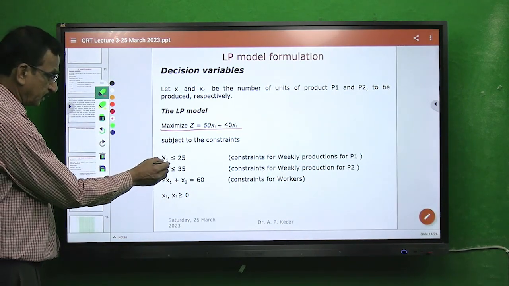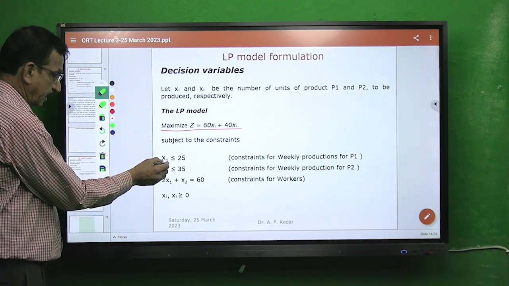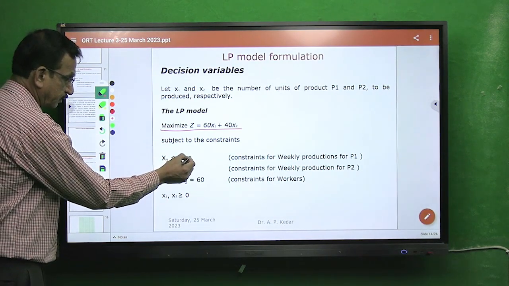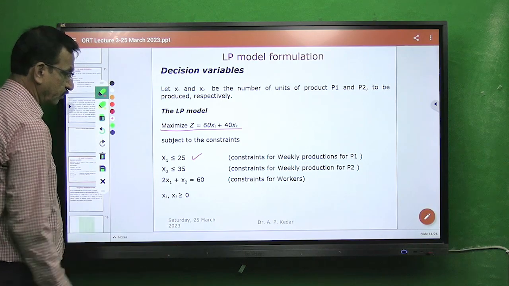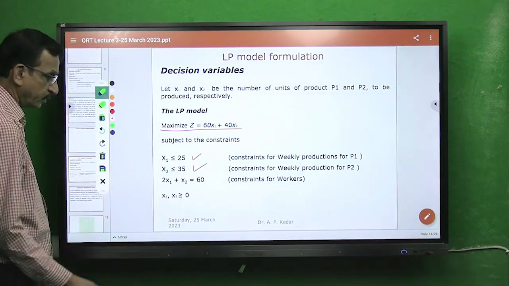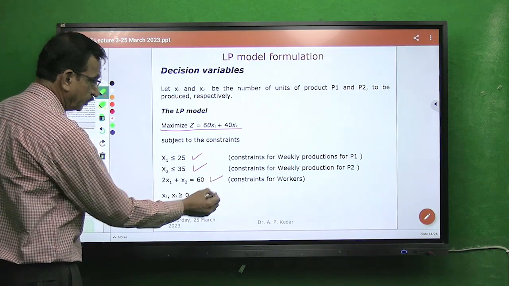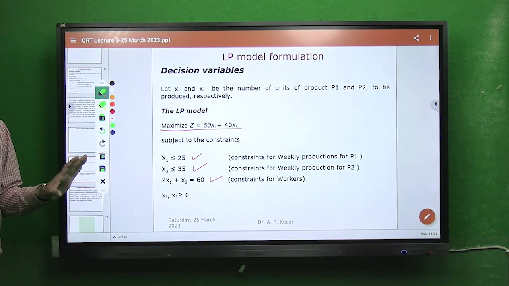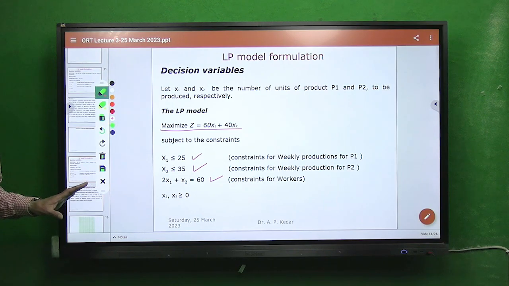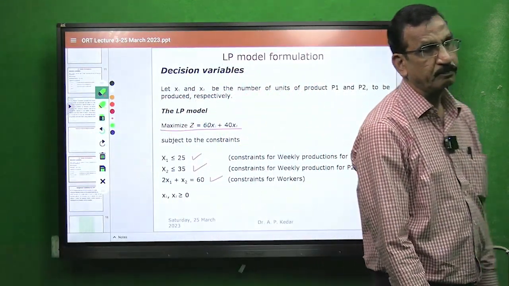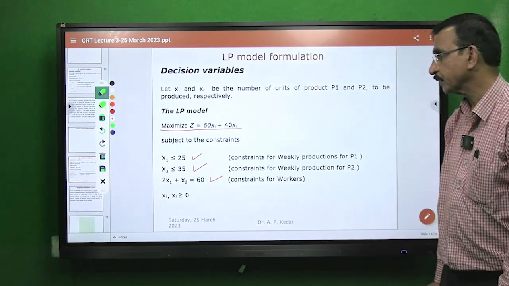The constraints are: here less than or equal to 25, here less than or equal to 35, and here equal to 60, because the total number of workers required for the production of P1 and P2 in the problem is 60.